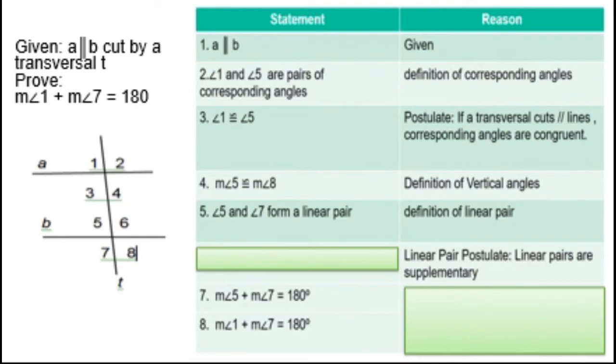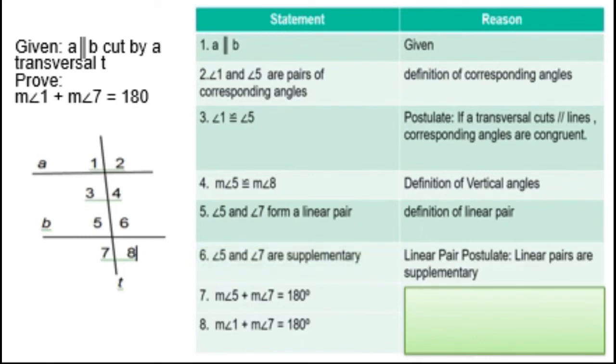And what is the sixth statement? The reason is linear pair postulate, linear pairs are supplementary. The reason is angle 5 and angle 7 are supplementary. And now we can conclude that measure of angle 5 plus measure of angle 7 is equal to 180 degrees.